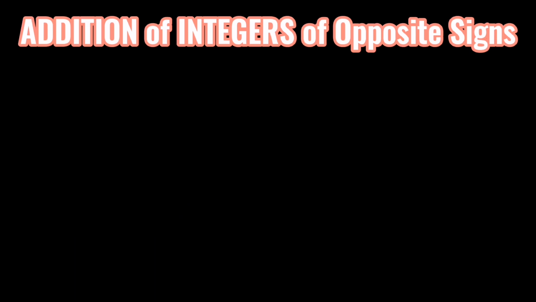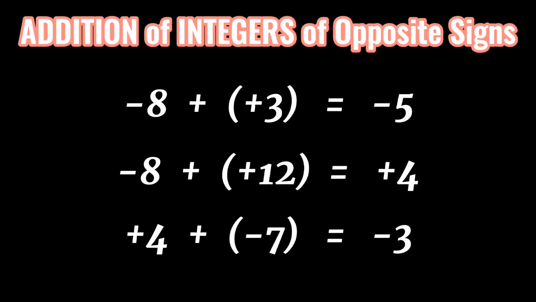Now let's bring back all the 3 problems involving addends of different signs. For -8 plus +3, the answer is -5. For -8 plus +12, the answer is +4. And for +4 plus -7, the answer is -3. Alright, first thing that we have to do is forget about their signs.